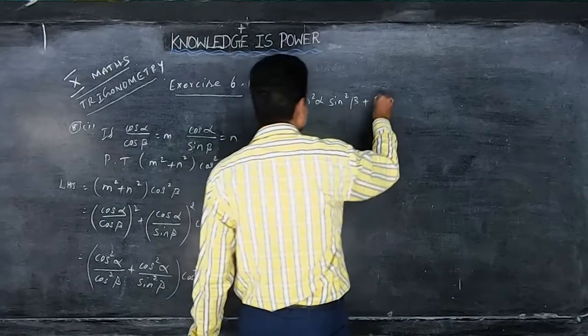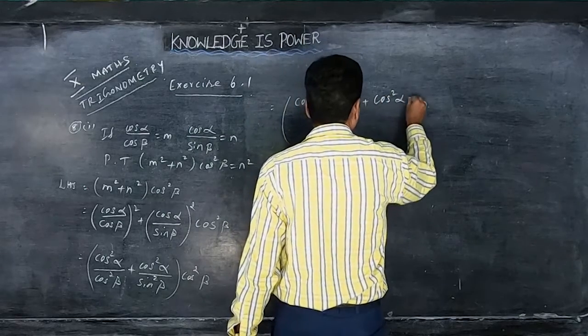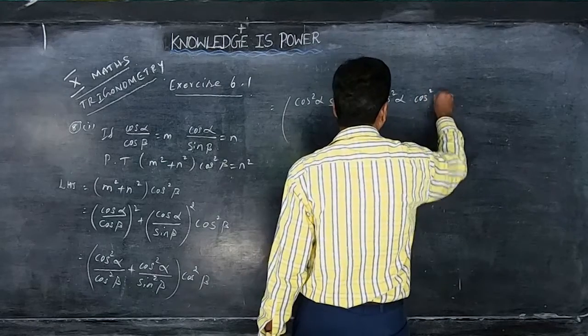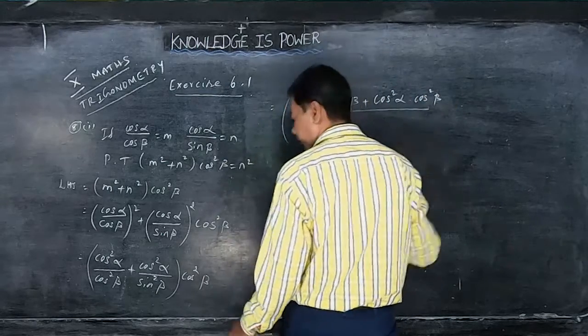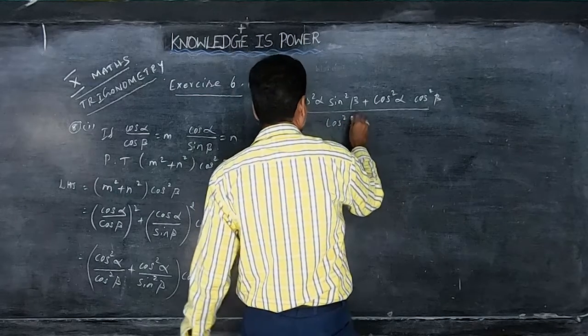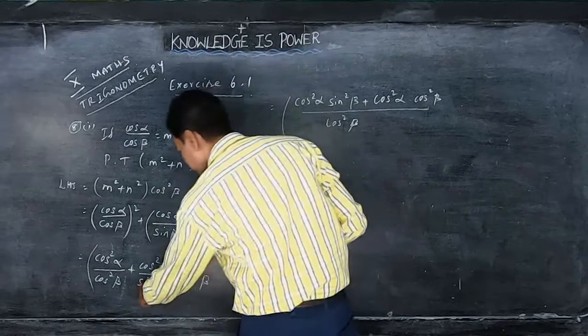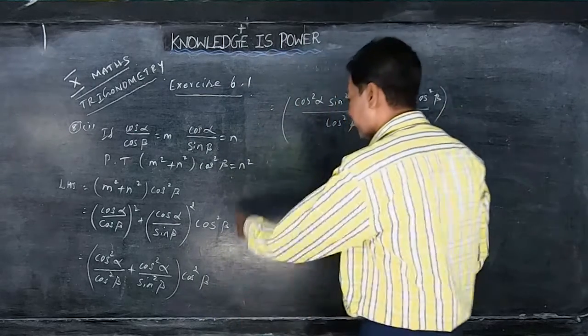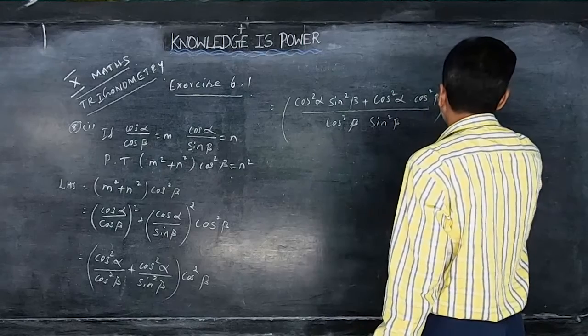So what will be here? Cos square alpha, and when you multiply this you will get cos square beta. In the denominator we get both cos square beta and sin square beta. Outside as usual cos square beta.